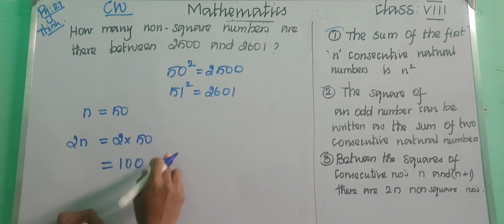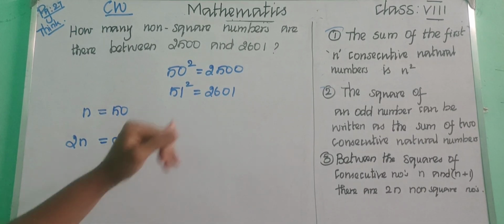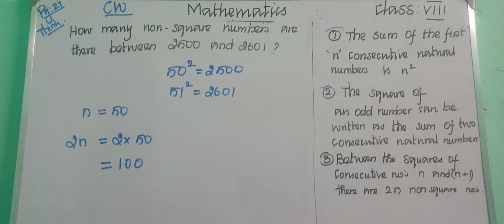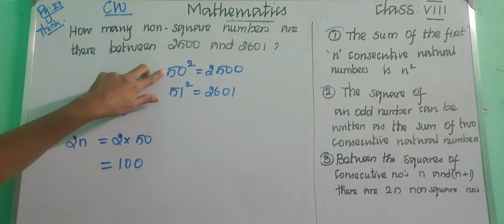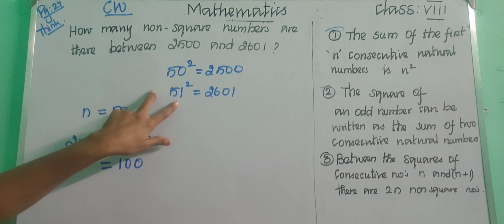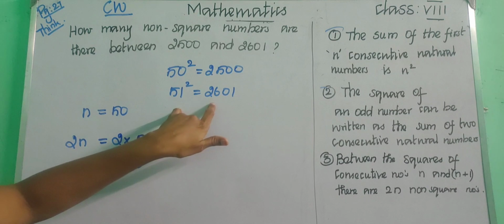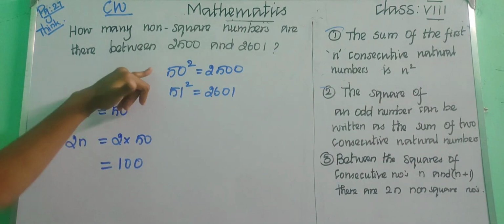Okay, children? So there are 100 non-square numbers between 2500 and 2601. We know, right? We need to consider this as n squared and this is n plus 1 squared. n squared is 2500 and n plus 1 squared is 2601. So we got the n.